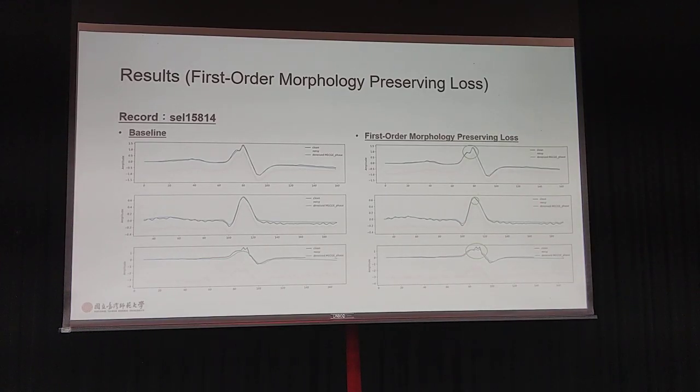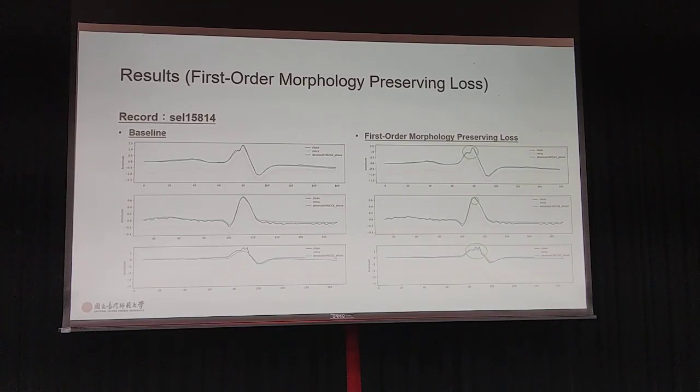This slide provides a visual demonstration of how our first order morphology preserving loss improves the waveform reconstruction. Here we present the denoising results of independent patient records, 15A14. On the left is the baseline model. As you can see, traditional pointwise losses struggle with the peak frequency, resulting in clumping and oversmoothed peaks.